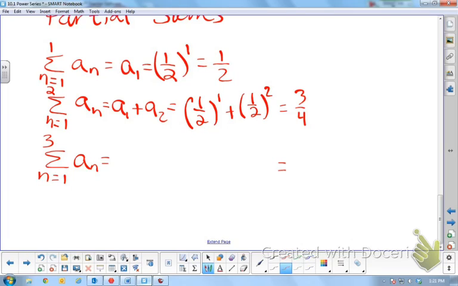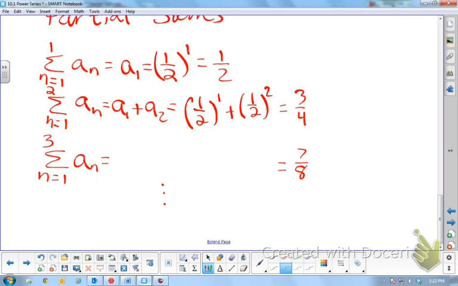Okay, so I'd add 1/8 to 3/4, which would be 7/8. And as we do that, this time I'm going to use the ellipses going down, saying we keep repeating the same pattern we just did over and over.